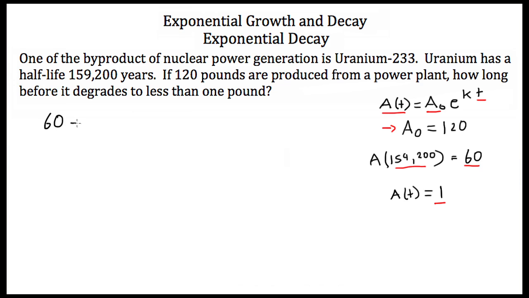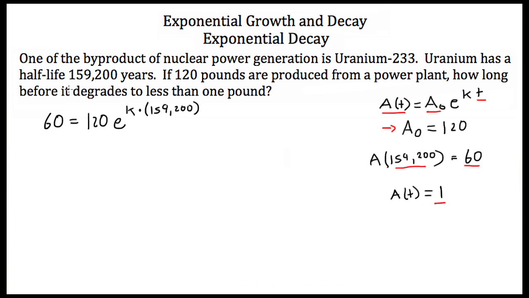60 is equal to my initial amount, 120, times e to the k value, which I do not know, where that k value is multiplied by 159,200. Because I'll have 60 pounds of this material after 1 half-life, or after 159,200 years.